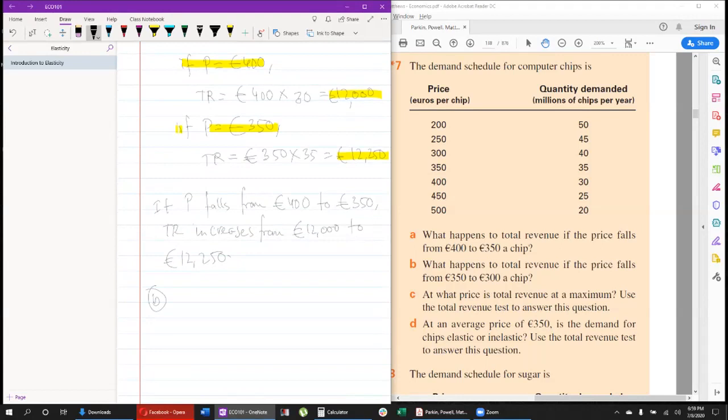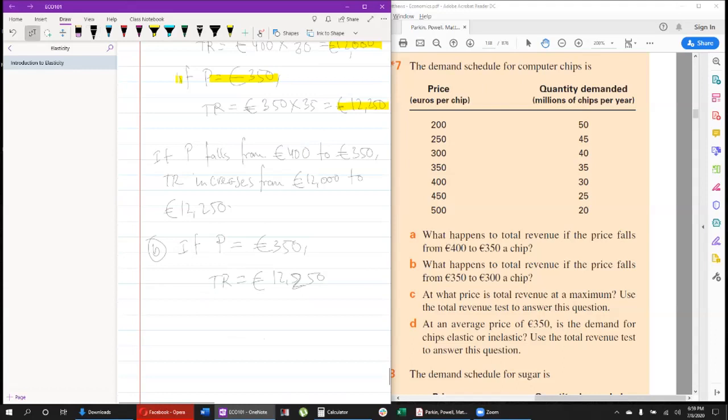Part B, what happens to total revenue if price falls from 350 to 300? If price is 350 euros, we know that total revenue, we've calculated this already, it's 12,250. If price is 300, total revenue is 300 times quantity. When price is 300, quantity is 40.